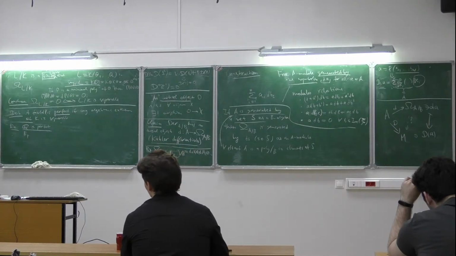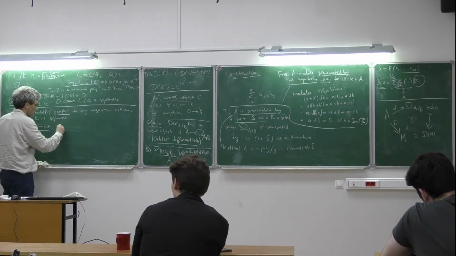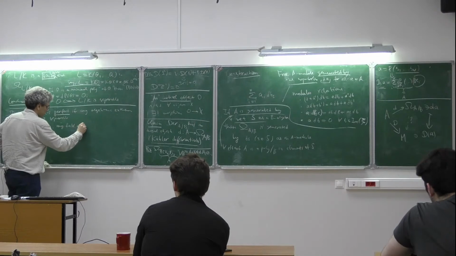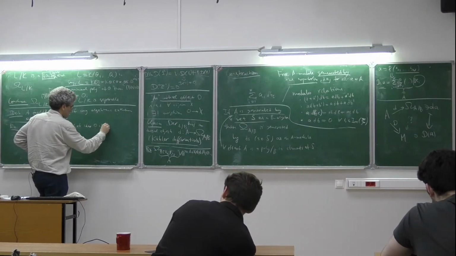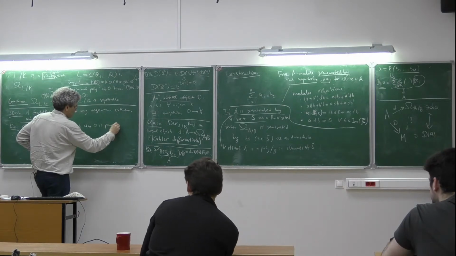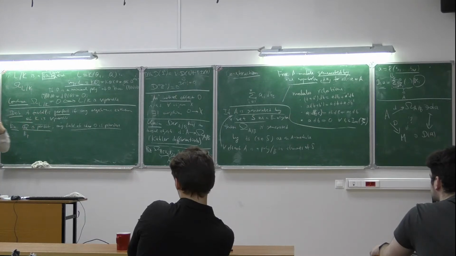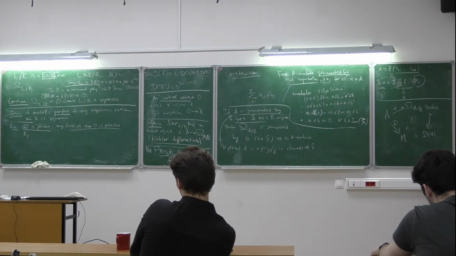Yeah. So actually any field of characteristic 0 is perfect. Yeah, of course, because any extension of a field of characteristic 0 is separable. Yeah. Okay. So F_p. Why is F_p perfect?